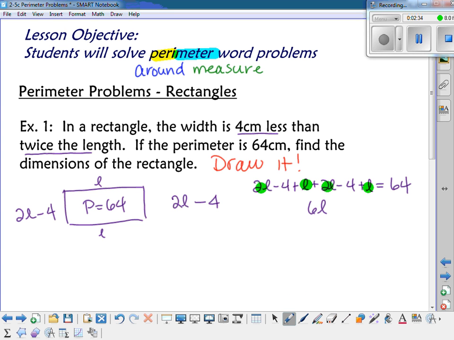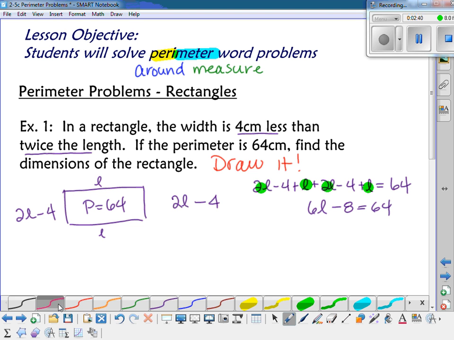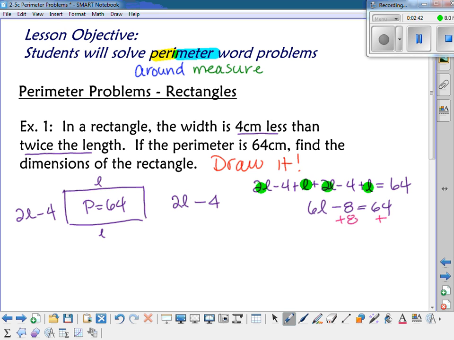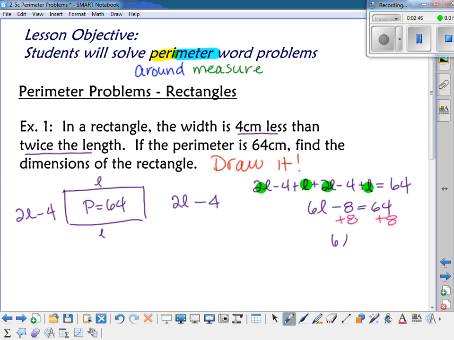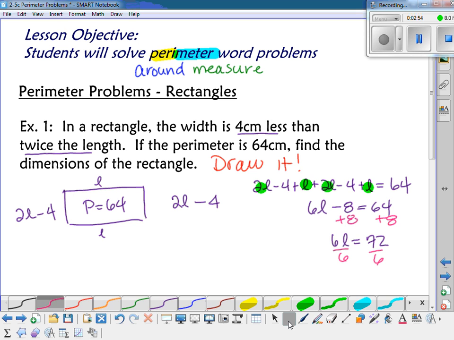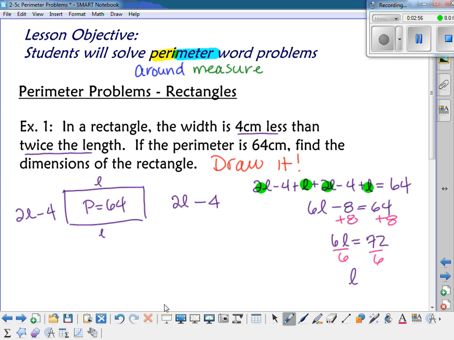And then the minus 4 and minus 4 gives me minus 8, and that has to equal 64. We add 8 to both sides, and we get 6L is equal to 72, and then we divide by 6. And so that would mean L was equal to 12 centimeters.